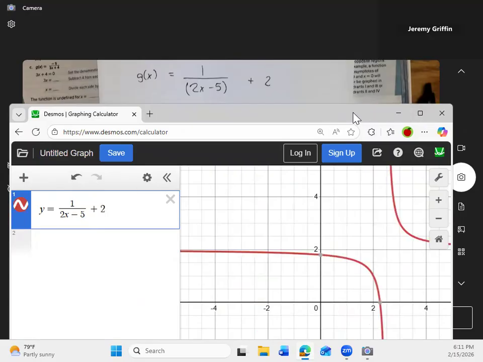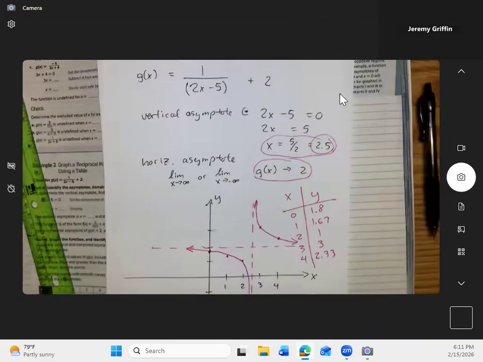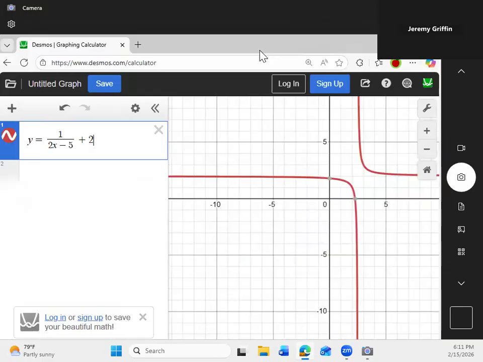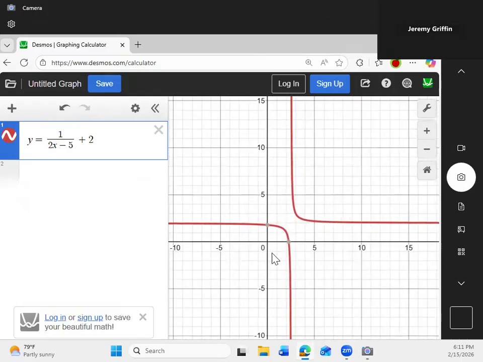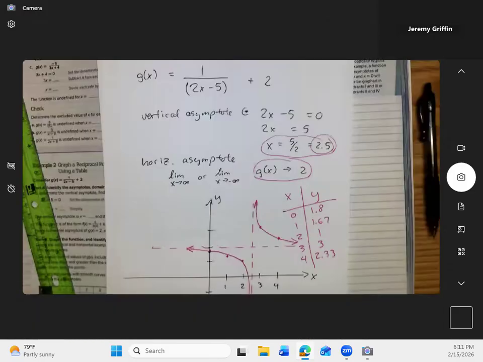Let's see, is Desmos graph, my graph, the same thing? There's my graph. There's Desmos graph. Yeah, that's exactly the same thing. Whoop. Where'd the graph go? Okay, wow. And then zoom around a little bit. Yeah, that's the same thing. All right, so we're doing good.